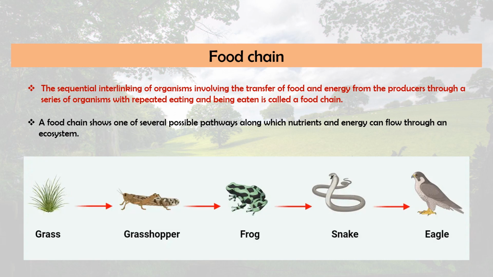At each level of the food chain, from producer to primary consumer to secondary consumer to tertiary consumer, there is transfer of energy. A portion of the absorbed energy is generally lost as heat.